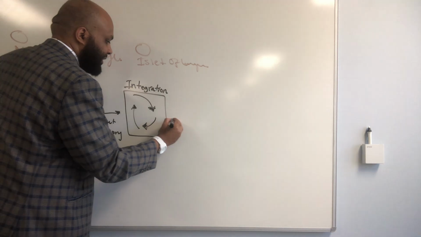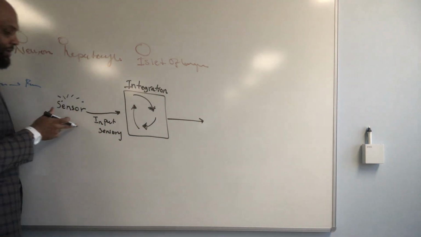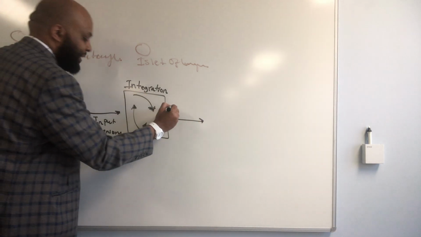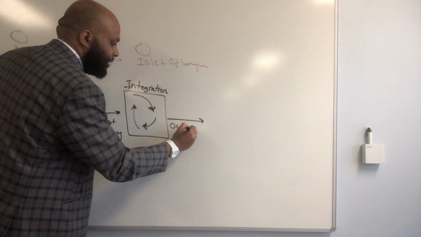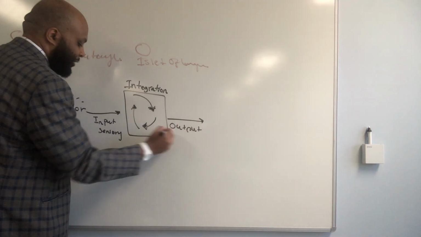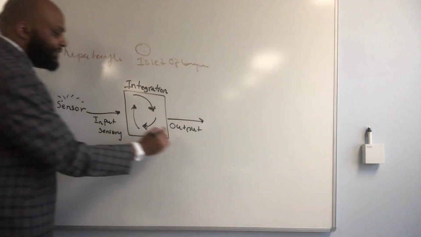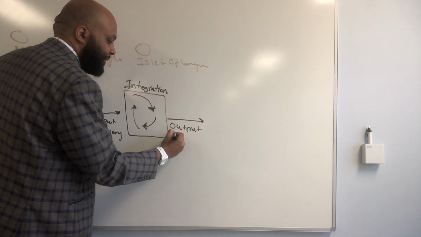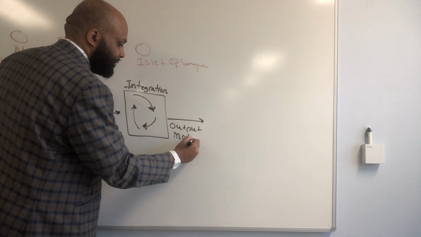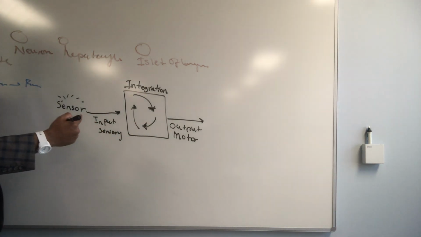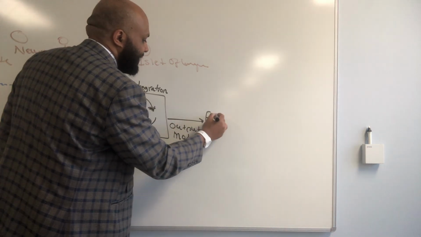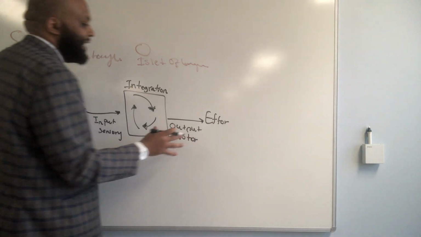Then based on the integration, we're going to have an output. If the input was sensory, then the output will be motor. And then the output is going to target an effector who will mediate the output.